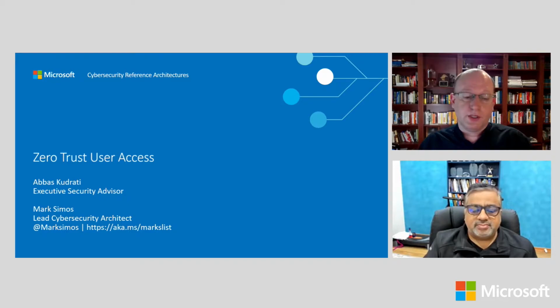But the first thing that most organizations focus on for Zero Trust, and the first thing we recommend as well, is the user access. As organizations move to the cloud and adopt more and more mobile devices, it's so important to have access control for inside and outside of the traditional firewall and perimeter.